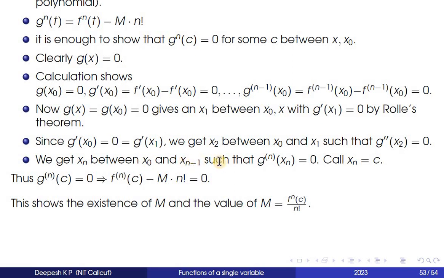So in between x naught and xn minus 1, you can find an xn such that g's nth derivative at xn equal to 0. So you call that xn as c, then what we have is gnc equal to 0.